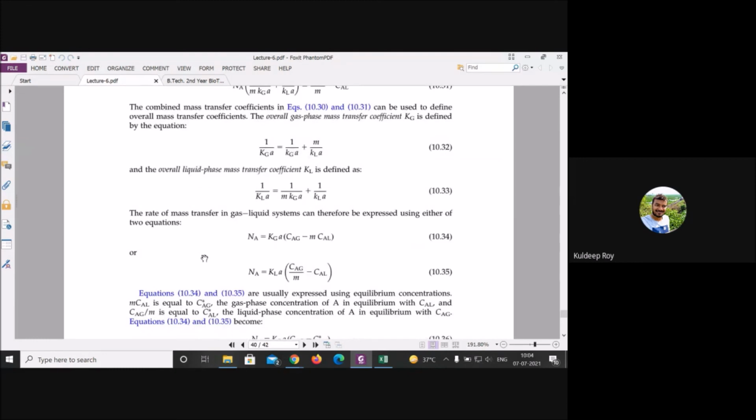I think you have got a little bit of idea why we are discussing convective mass transfer: it is required whenever you have two kinds of system, one moving and another not moving. Here you get two interfaces, solid-liquid and gas-liquid. So it is very important to determine the overall mass transfer coefficient for a particular system.